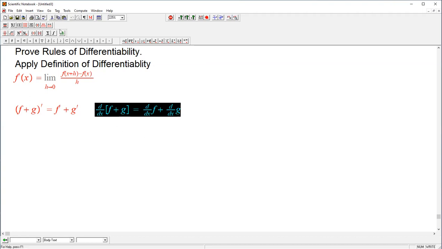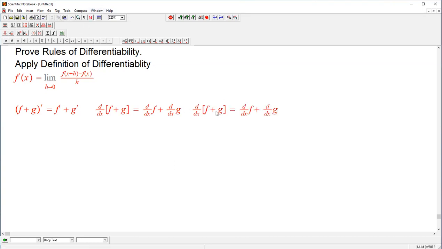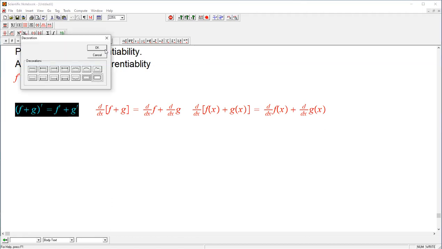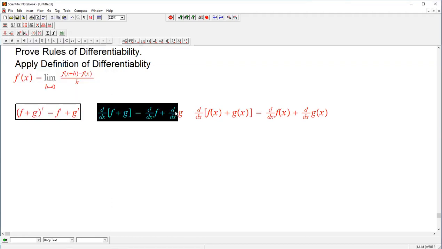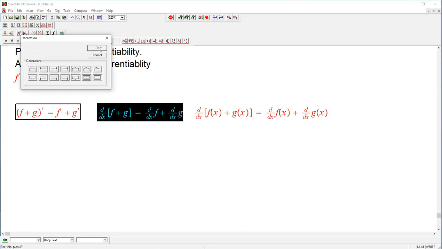Of course, a third way of writing it, if you like, would be f of x, g of x. You could write them that way. The first form pretty much is for memorization, but you have to understand they are differentiating with respect to the same variable.